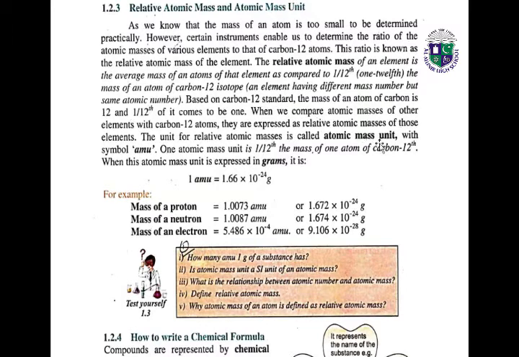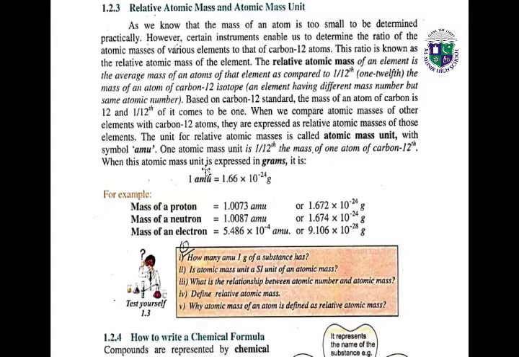What is atomic mass unit? When we compare atomic masses of other elements with carbon 12 atoms, they are expressed as relative atomic masses of those elements. The unit for relative atomic masses is called atomic mass unit, with symbol AMU. One atomic mass unit is 1 over 12th the mass of 1 atom of carbon 12.